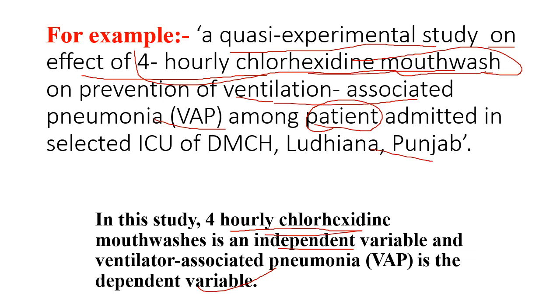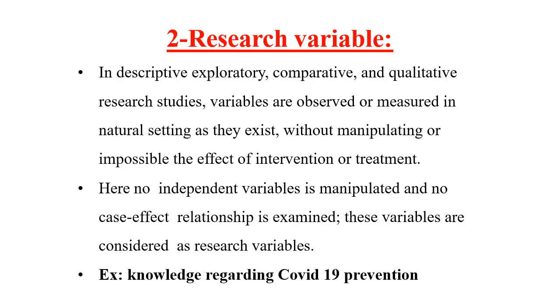Again, I'm telling, these variables we can see most commonly in experimental research studies. Next, one more variable we have, which we call a research variable. This kind of variable we can see only in qualitative research studies. In this there is no manipulation, there is no dependent, there is no independent.